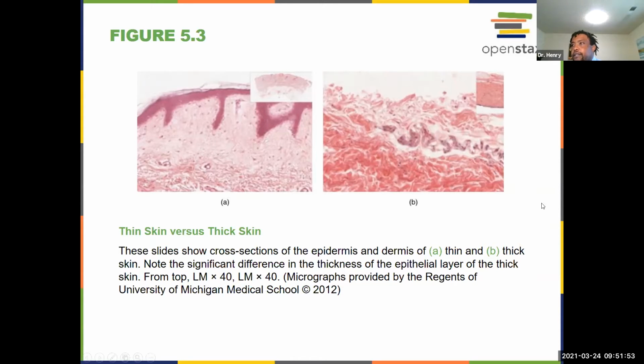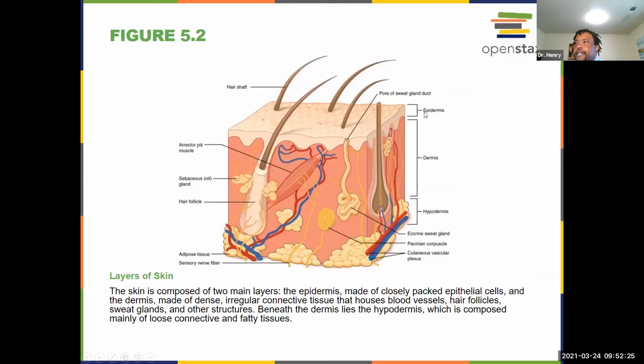This here represents the dermis layer, and that part is going to be thick, right? That outer layer, although it's nicely compact, if we look at it, the epidermis is really a thin layer relative to the dermis layer.